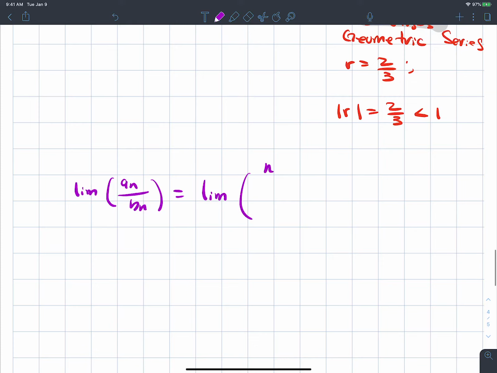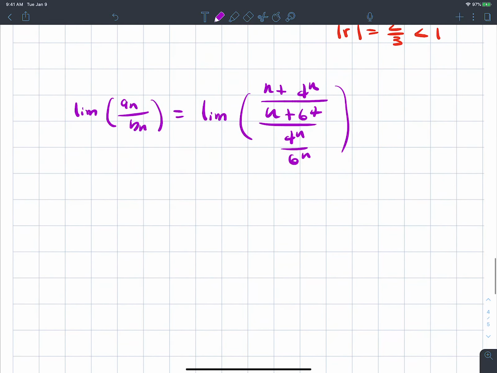It is n plus 4 to the n over n plus 6 to the n divided by 4 to the n over 6 to the n. So remember, you have a complex fraction: n plus 4 to the n over n plus 6 to the n times 6 to the n over 4 to the n.